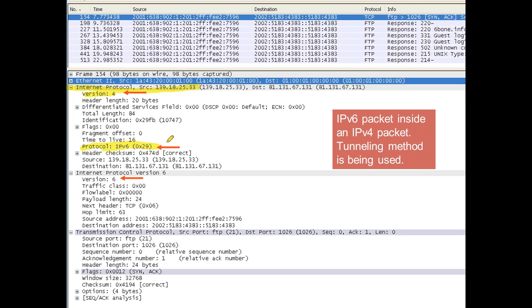Or if you have a V6 application, those are starting to come out. They're not common yet, but I suspect in the next few years we will see more and more V6 only applications. So then you decide, what tunneling method am I going to use?